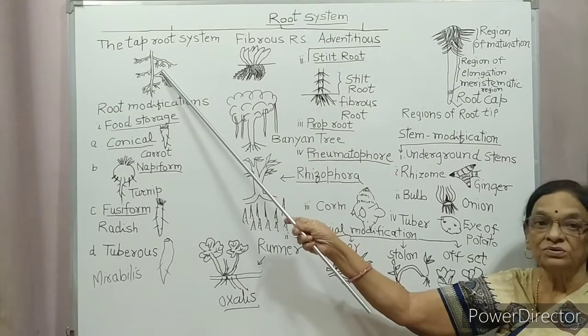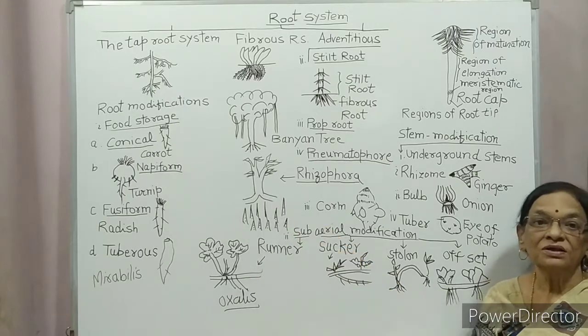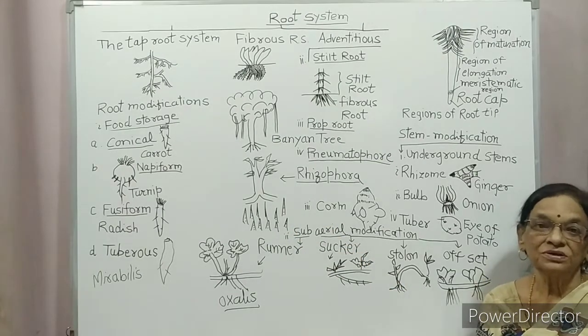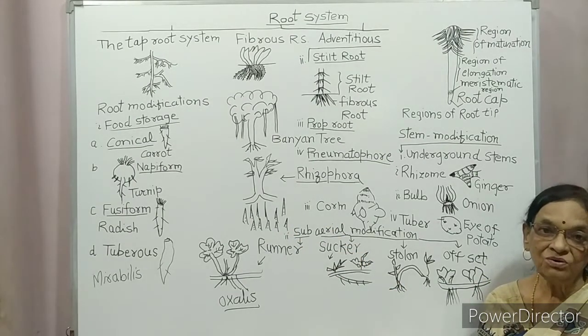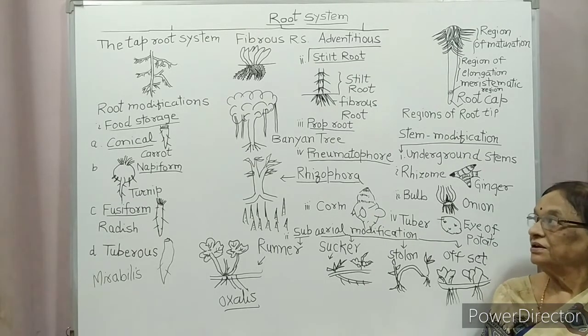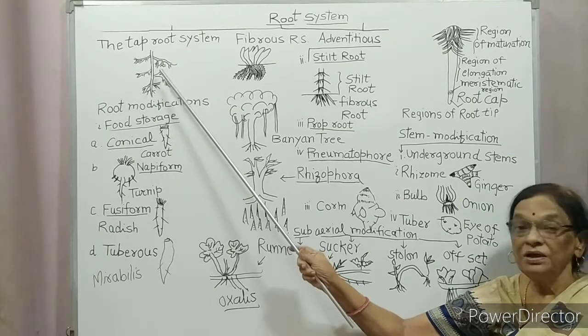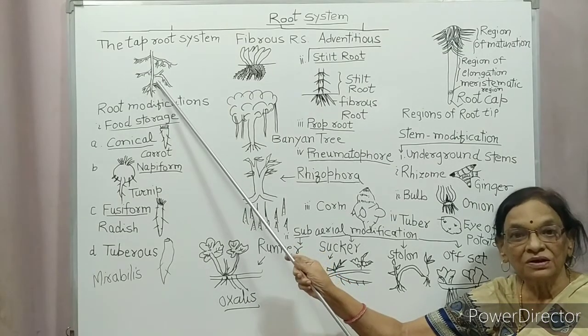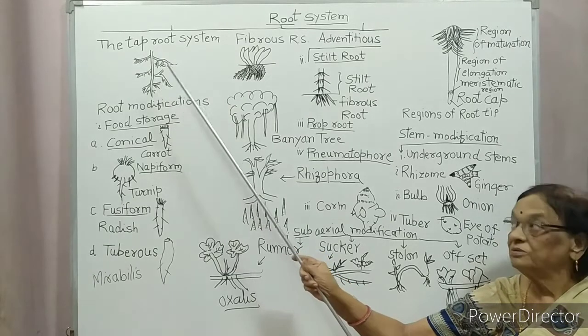This is the main root, which is called the primary root. So when the radicle grows vertically downward and there is a main root, that is called the taproot.